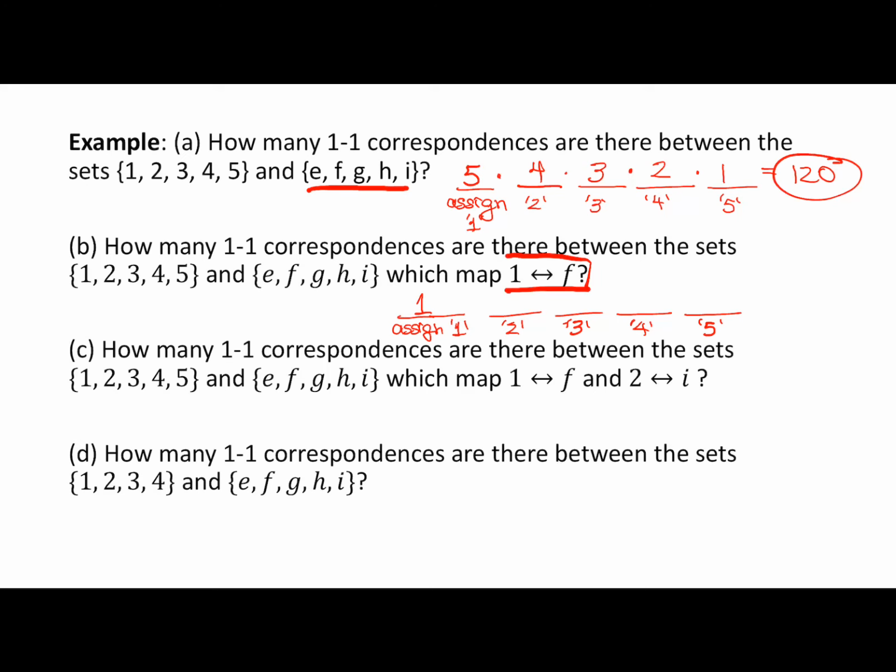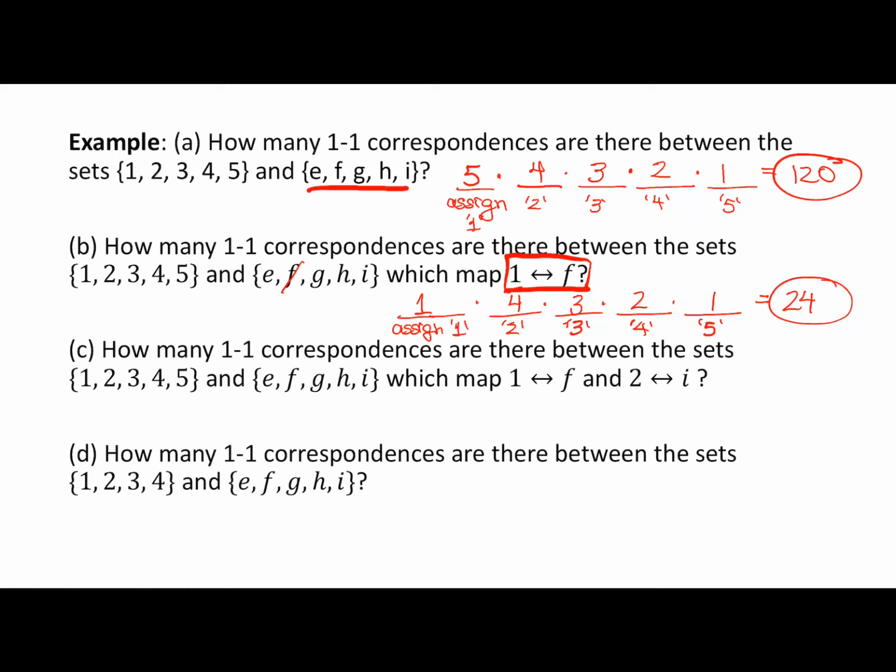This is the only way I'm going to map 1. Now when I go to assign 2, F is out, so there are 4 choices left. There are 3 choices for 3. There'll be 2 choices for 4 and 1 choice for 5. So when I multiply these together, I get 4 times 3 times 2. That's 12 times 2 is 24. So there are 24 correspondences where 1 is mapped to F.